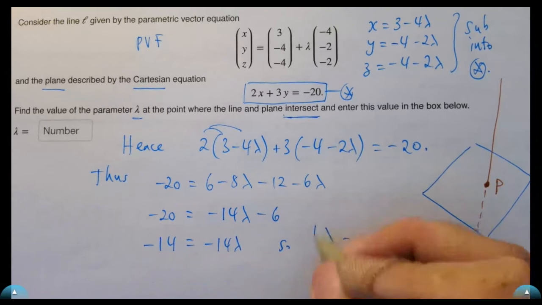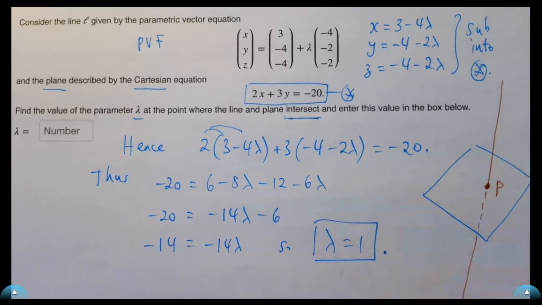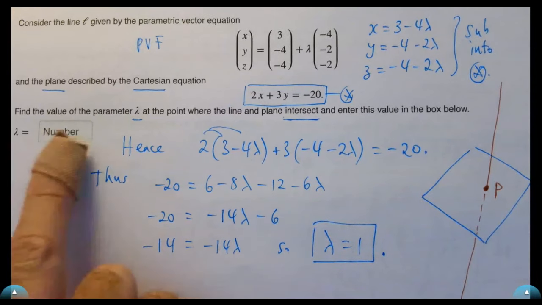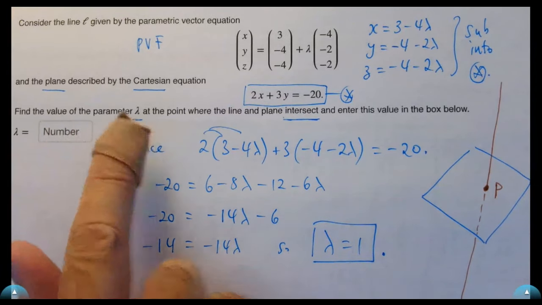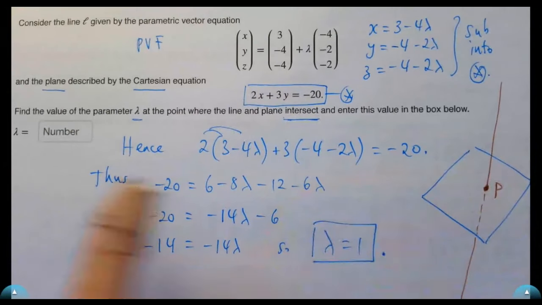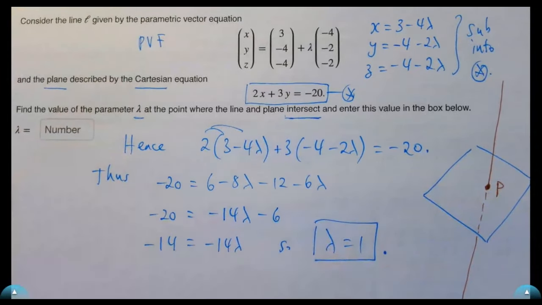So lambda equals 1. So what is the value of the parameter lambda at the point where the line and the plane intersect? The value will be lambda equals 1. Again, not a difficult question, but it's hard if you don't know where to start.